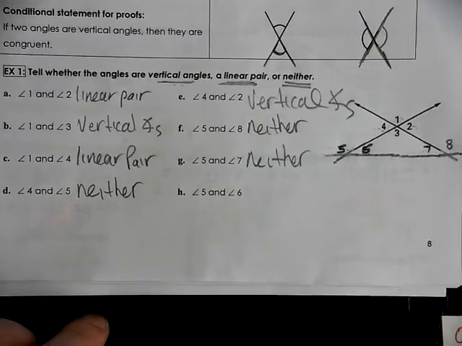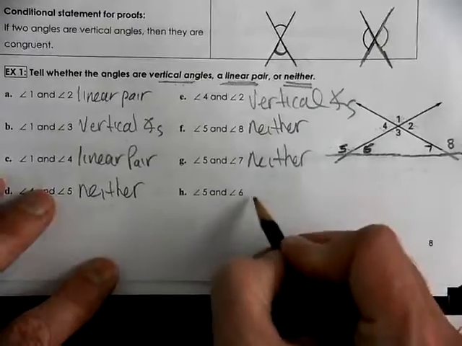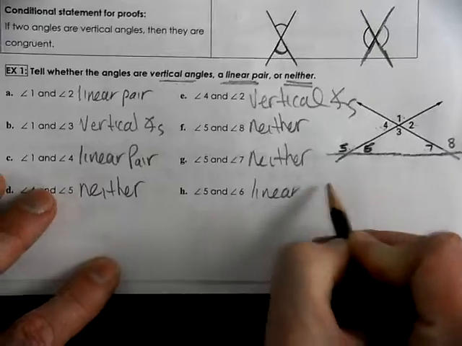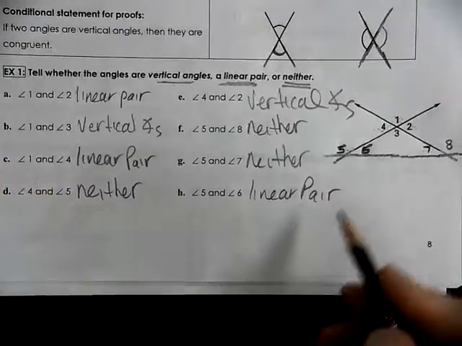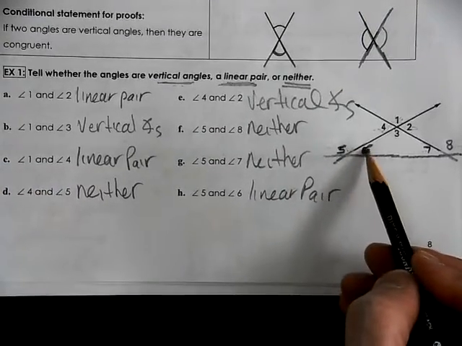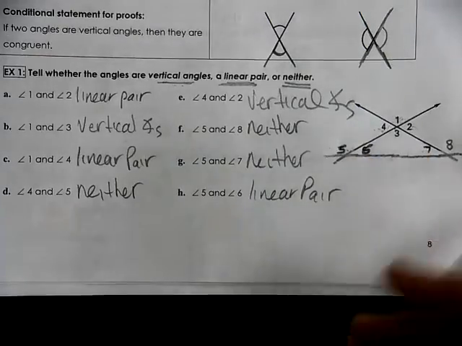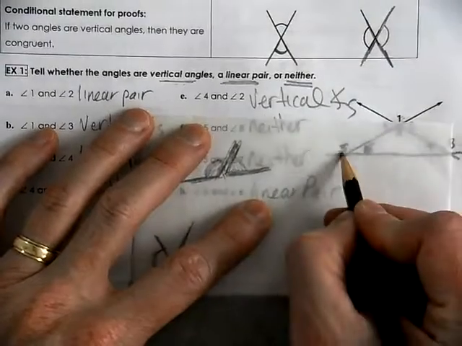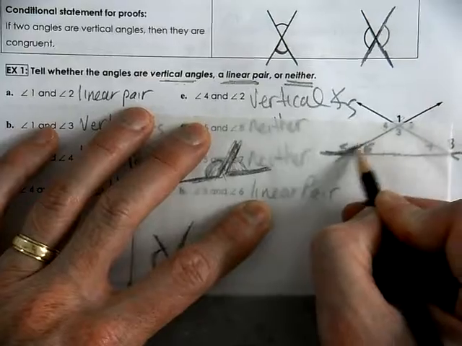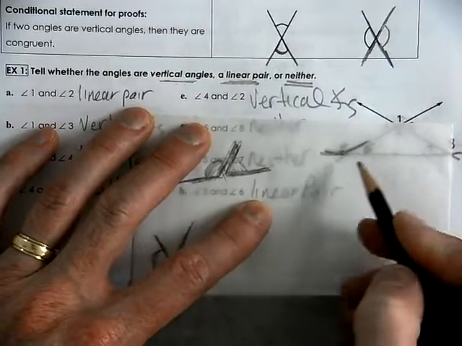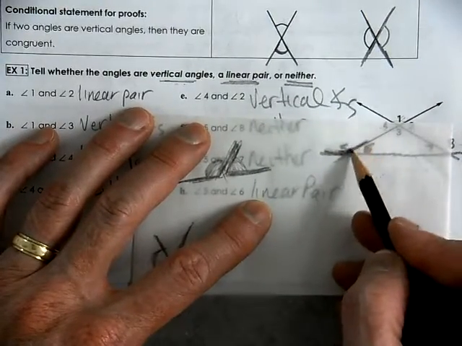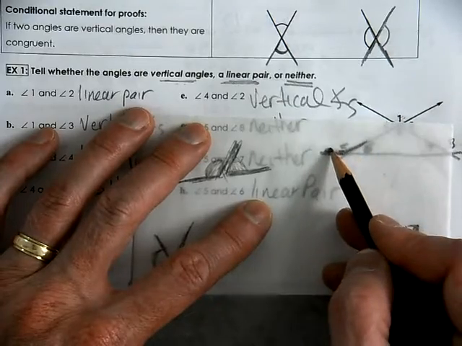5 and 6. Five and 6 are side by side. Angle 5, if you trace out angle 5, you can trace it out with your eyes, you can trace it out with your finger, you can trace it out with your pencil.